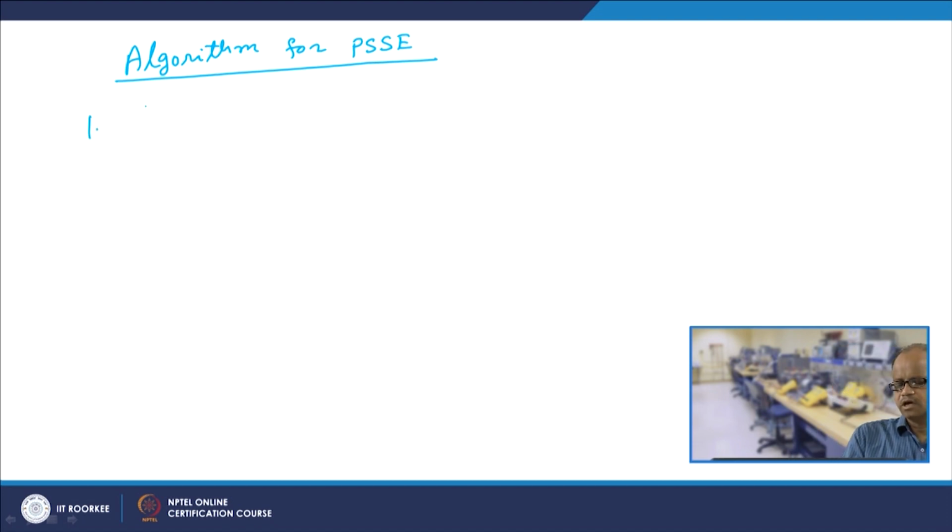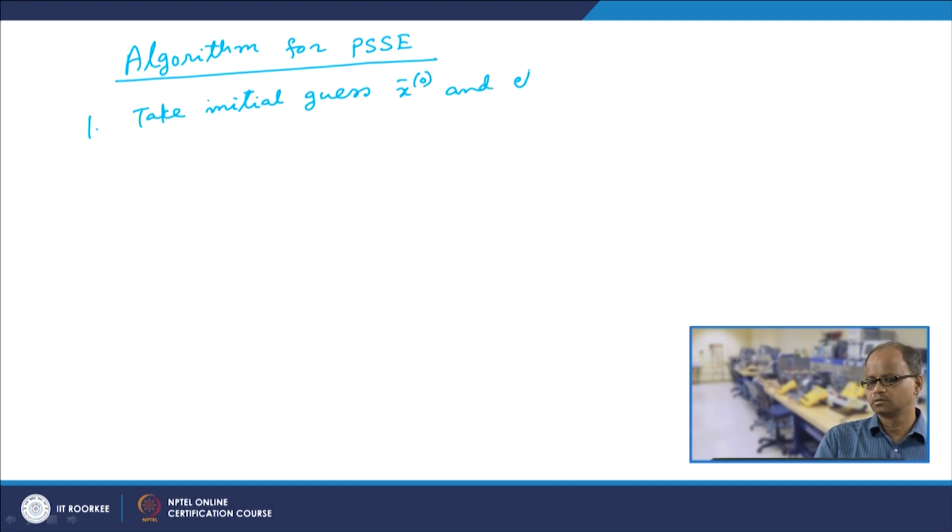We first take an initial guess, x naught, and choose C k alpha.